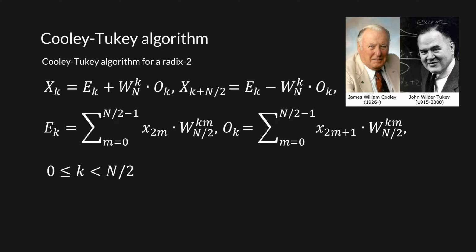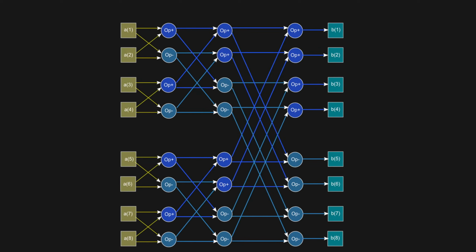The twiddle factor represented by W is an exponential used in this process. Here is a visual representation of the Cooley-Tukey algorithm.